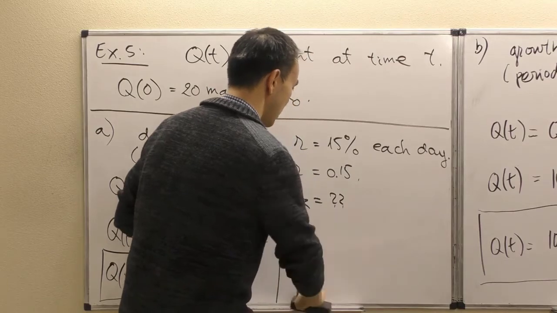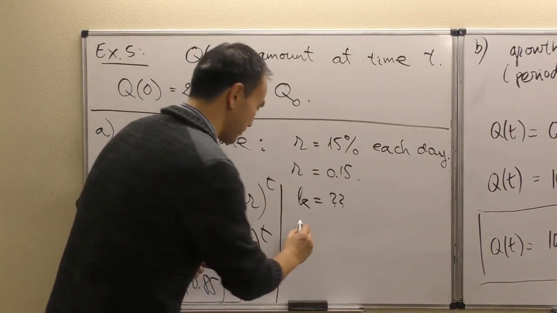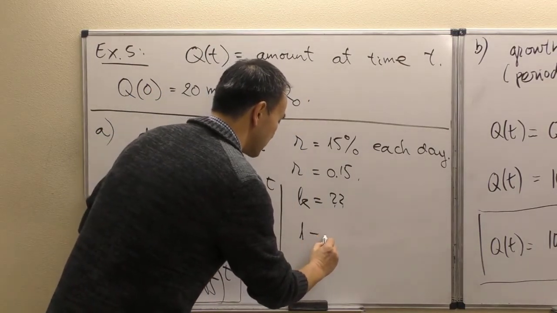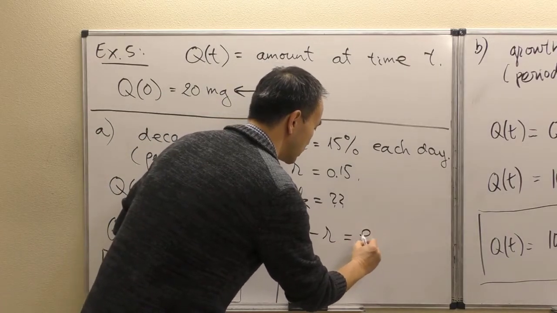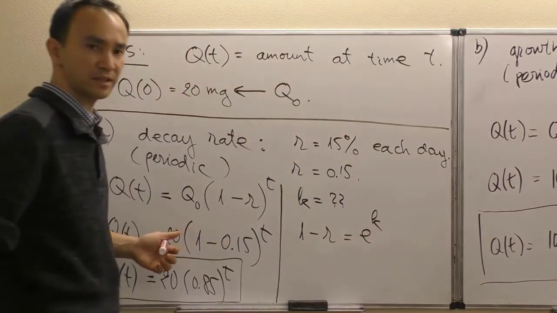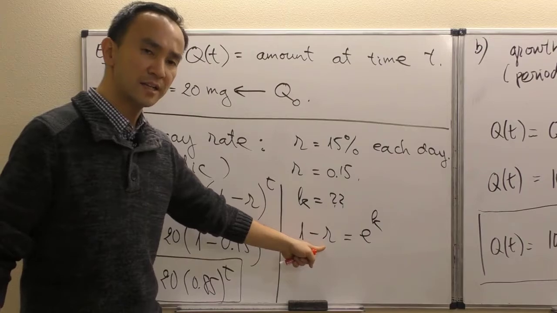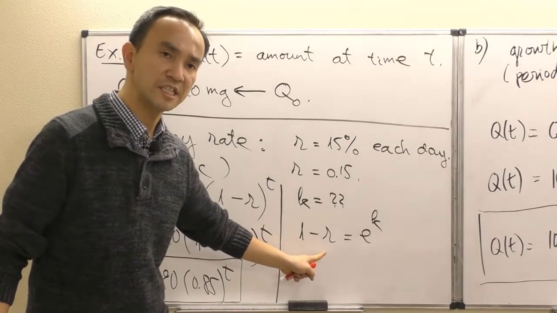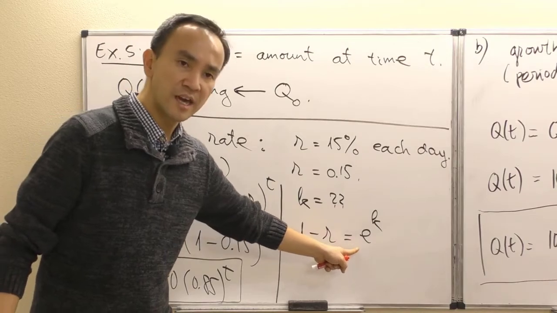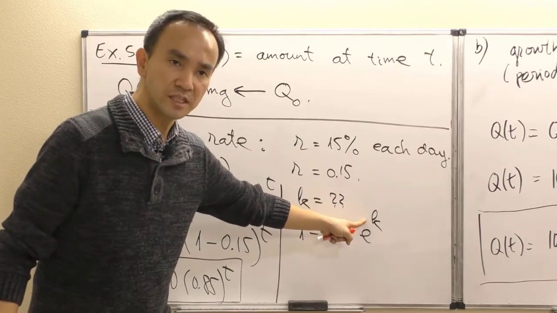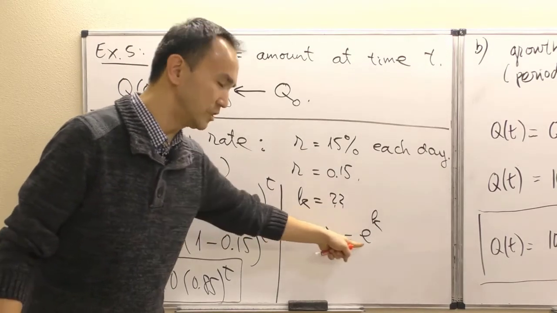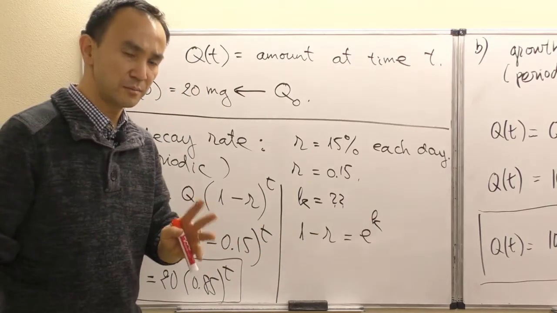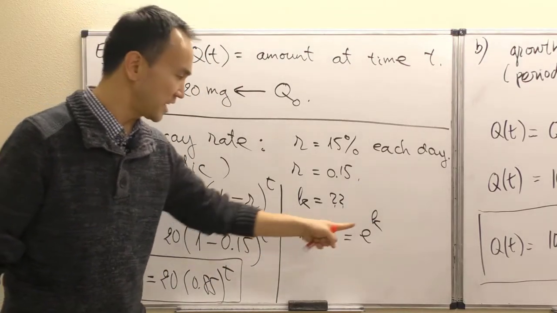Allow me to remind you, 1 minus r will be equal to e to the k. 1 minus the periodic decay rate will equal e to the k, where k is the continuous decay rate.